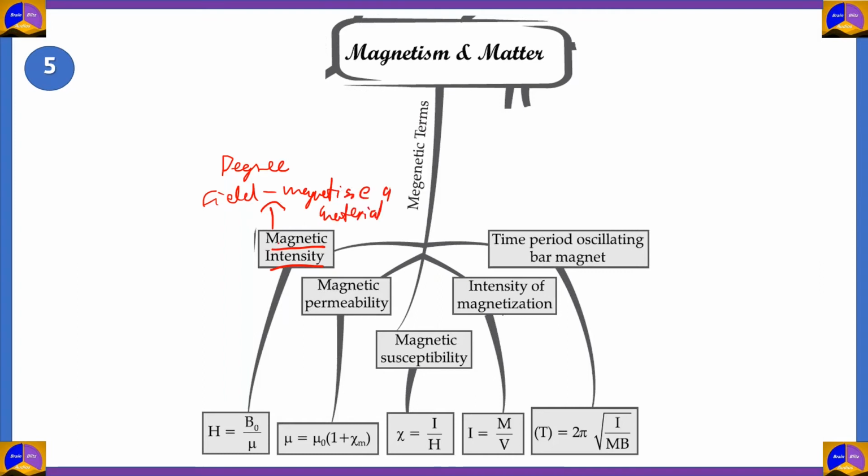That is referred to as magnetic intensity, and it is represented by H, and it has the formula H is equal to B naught divided by mu, where B naught stands for the magnetic field and mu stands for dipole moment, which is also known as magnetic permeability.